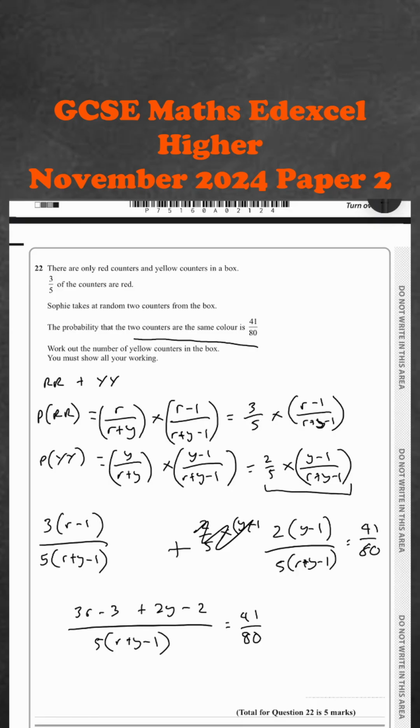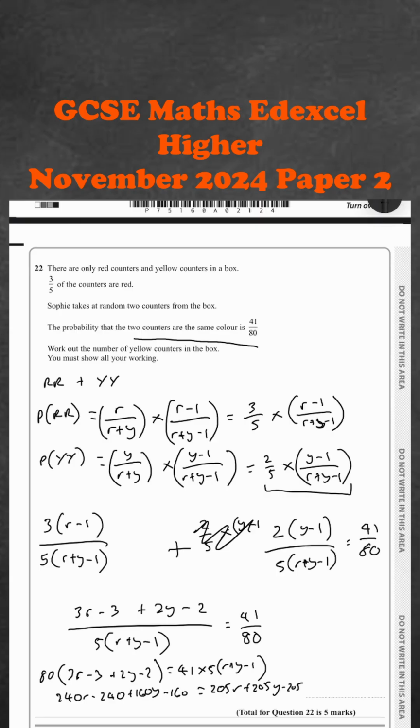Let's multiply this up and get these all the same. So 80 lots of (3r minus 3 plus 2y minus 2) equals 41 times 5 lots of (r plus y minus 1). Expanding this out, we get 240r minus 240 plus 160y minus 160. 41 times 5 is 205, so 205r plus 205y minus 205.